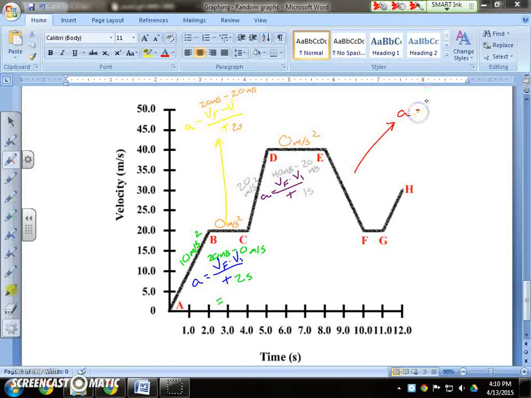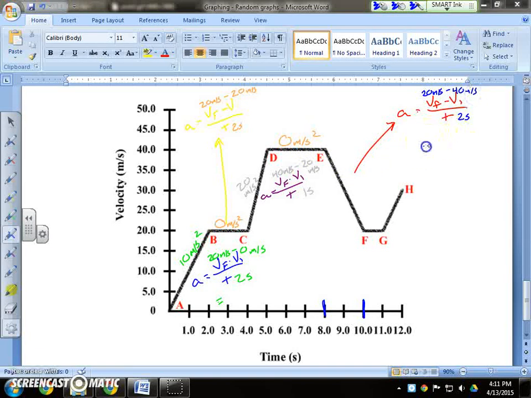A equals VF minus VI all over T. We know that when we put some stuff in here, by stuff I mean numbers, we're going from 8 seconds to 10 seconds, 2 seconds. Our final velocity is 20 meters per second, and our initial velocity is 40 meters per second.